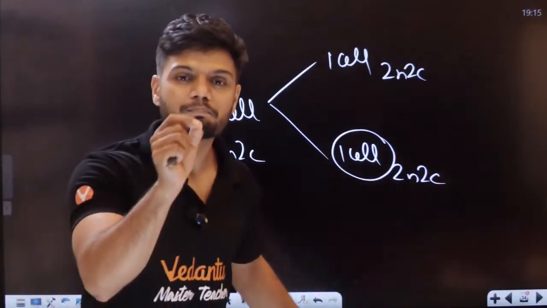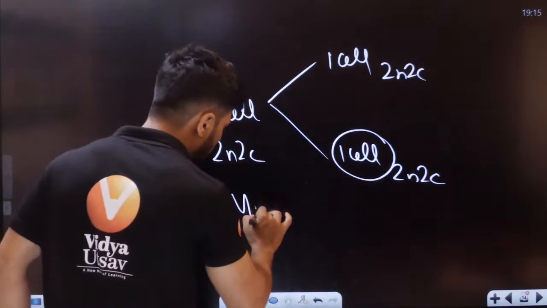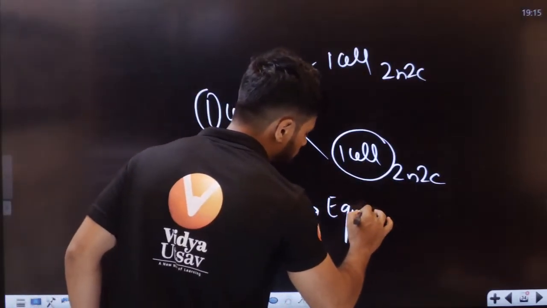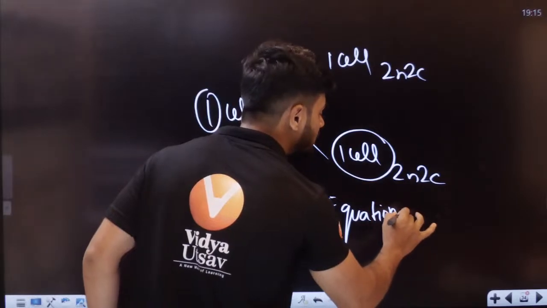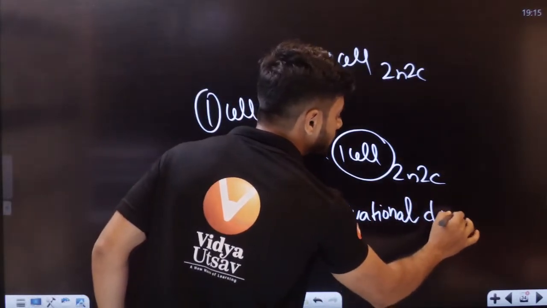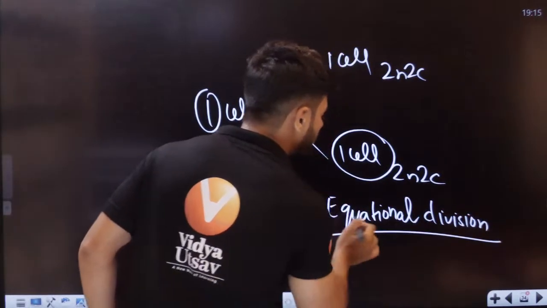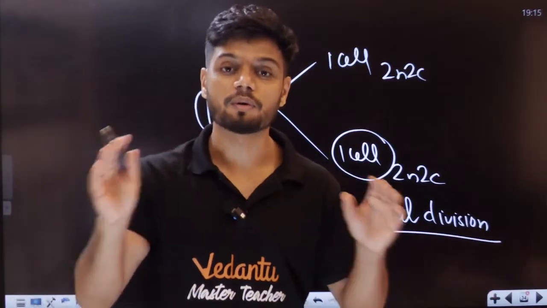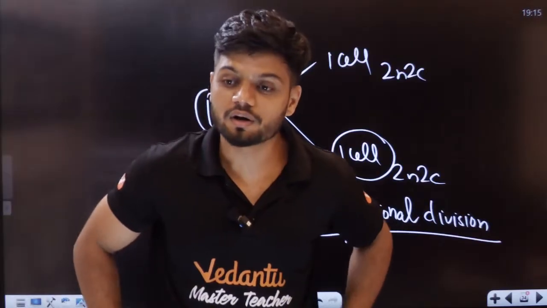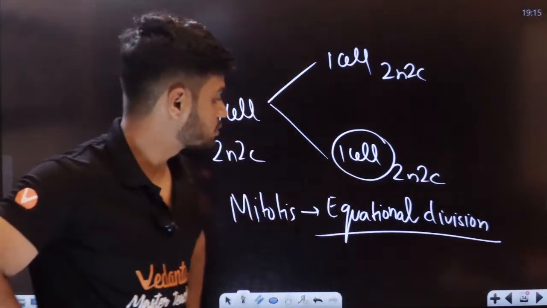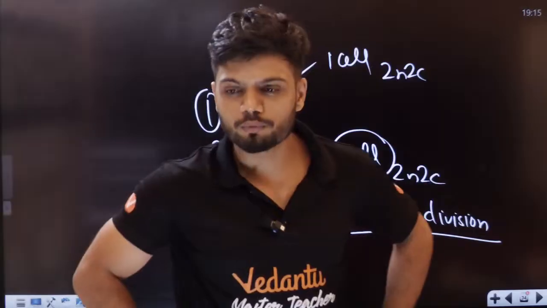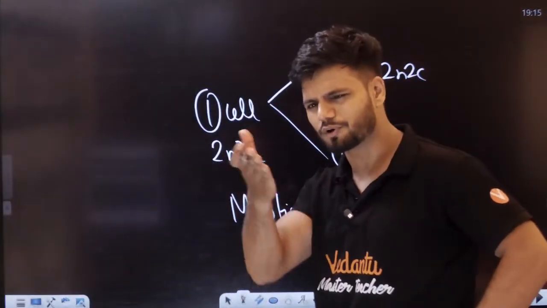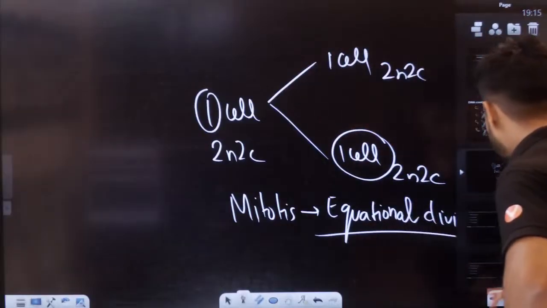So can I call mitosis equational division? Because there's no change in chromosome number, and that is the end of mitosis. It is called equational division. Students, how many of you understood the beautiful process? This is happening inside all of you, the entire mitosis.